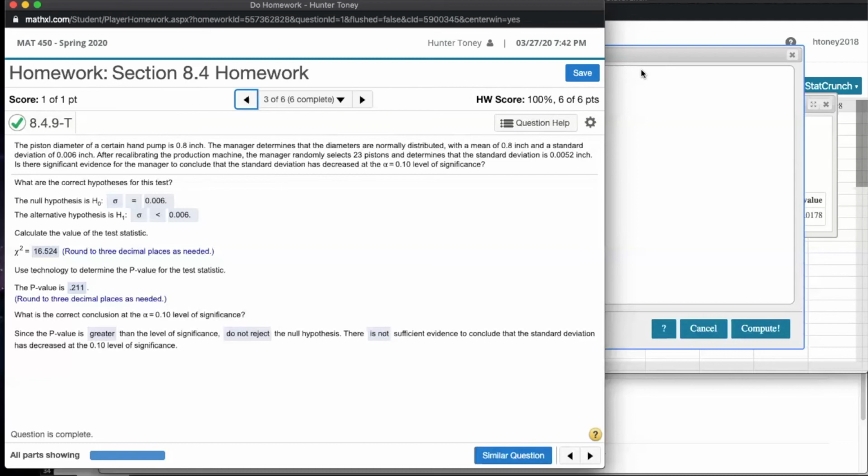So we want to set up our hypotheses to match that, because we want to base it off of the entire population of piston diameters as opposed to just what we randomly selected. So you want to make sure you're pulling out the right information for your hypothesis. For our first hypothesis, we want to test that it's equal to our allowable standard deviation. So for me, 0.006.